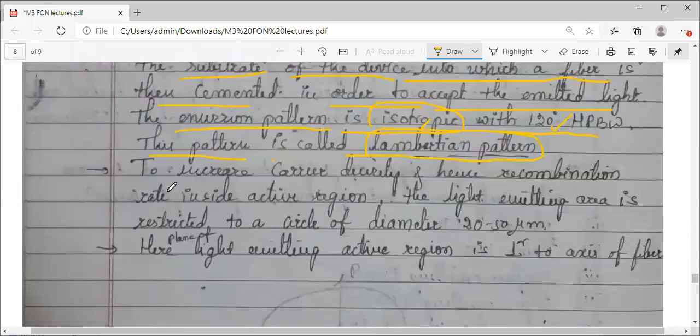Okay. To increase the carrier density, the carriers that accumulate and recombine in the active region, and hence the recombinations, the light emitting area is restricted to a circle of diameter 20 to 50 micrometer.